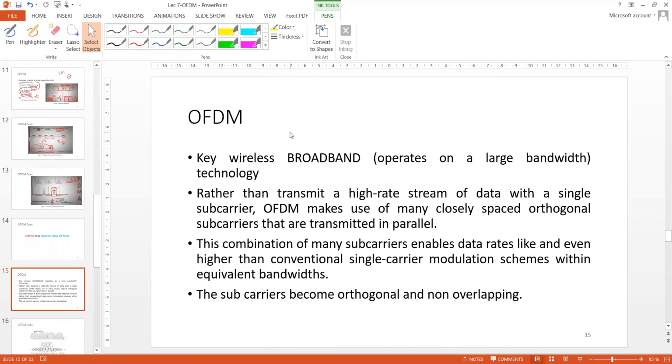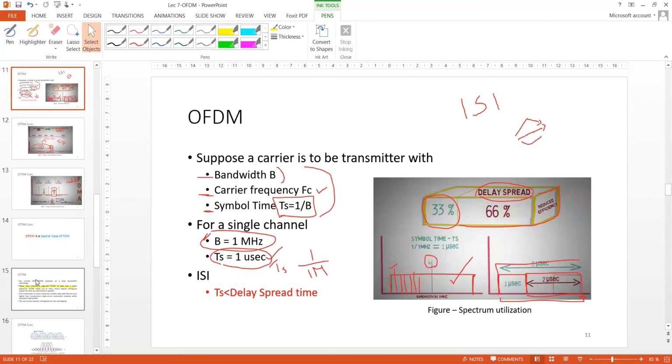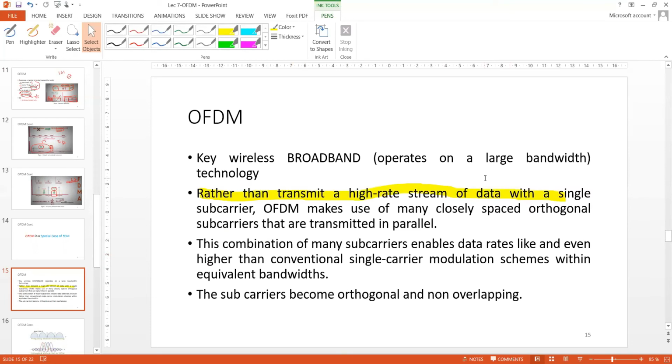So what actually is orthogonal frequency division? OFDM is the key wireless broadband communication technology. Rather than transmitting a high rate stream of data with a single subcarrier, OFDM makes use of many closely spaced orthogonal subcarriers that are transmitted in parallel to one another.